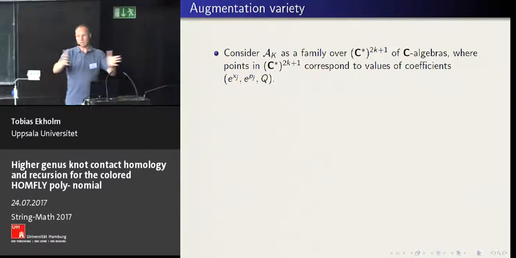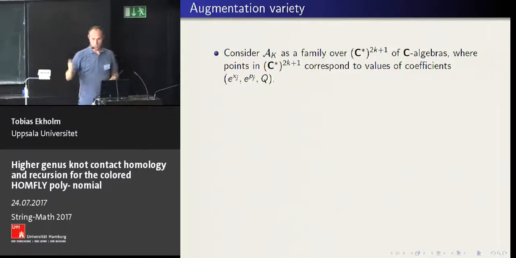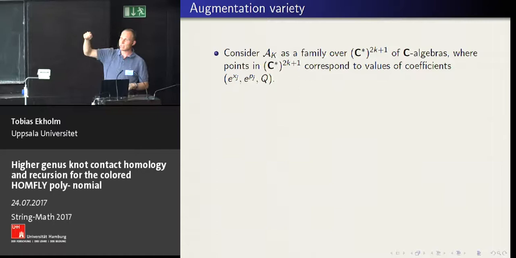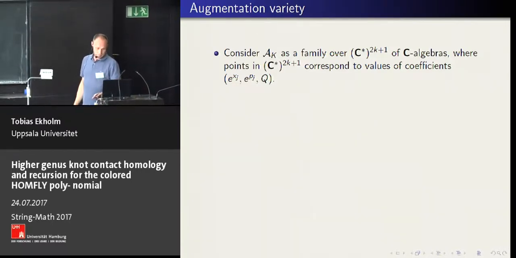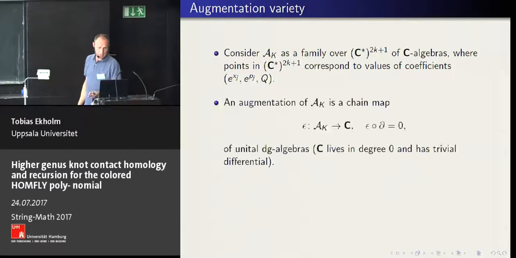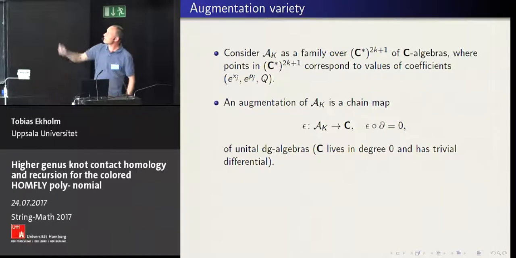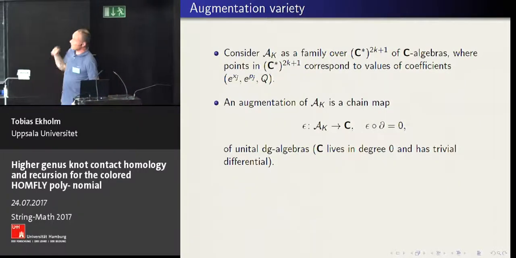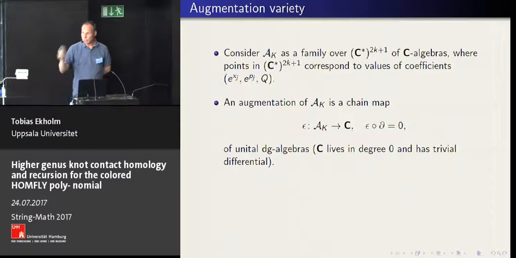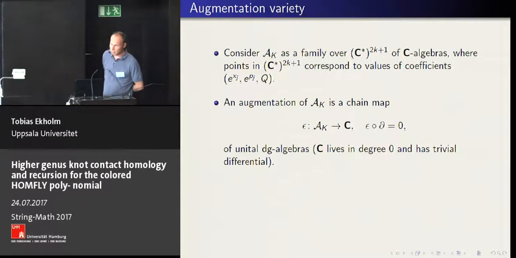And we consider it as a family of algebras over C star to the 2k, where the values in the C star to the 2k are the e to the x, e to the p. And then an augmentation is just a representation of this algebra into the complex numbers, where we equip the complex numbers with a trivial differential. So that means representation, or maybe chain map is better.